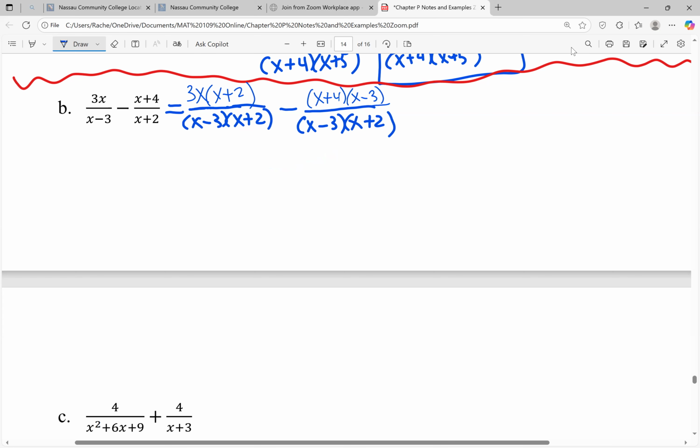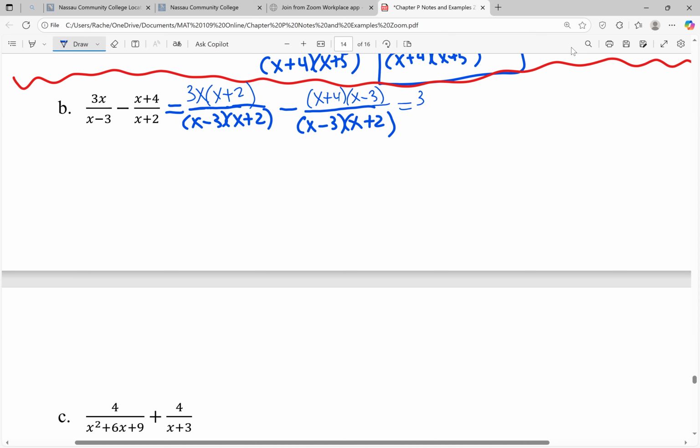So now I have two equivalent rational expressions, right? So they're equivalent to the original, except now they have a common denominator. So we're ready to perform the subtraction. So let's subtract.